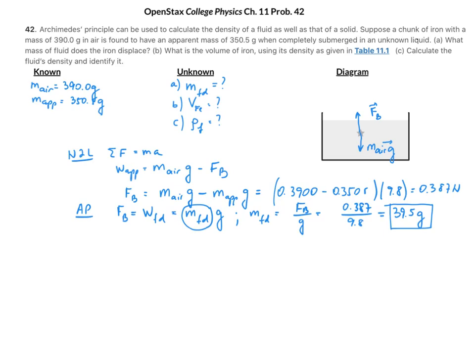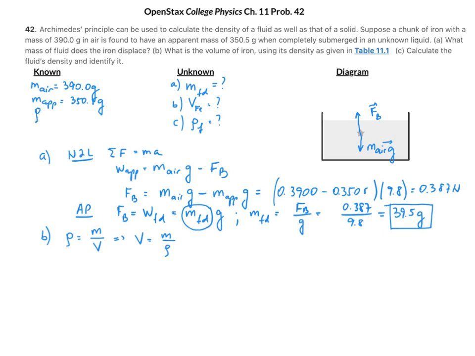All right, now in part B, so this was A. In part B, we're looking for the volume of iron using its density. So we know that density is given by mass over volume, which means that volume is mass over density. We know the mass in air, and we can find the density in a table.